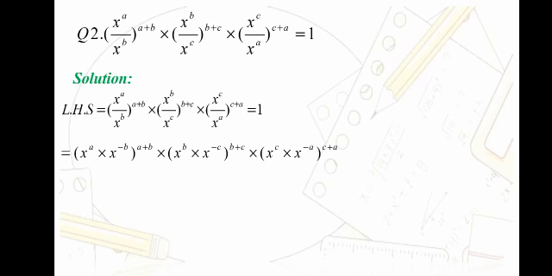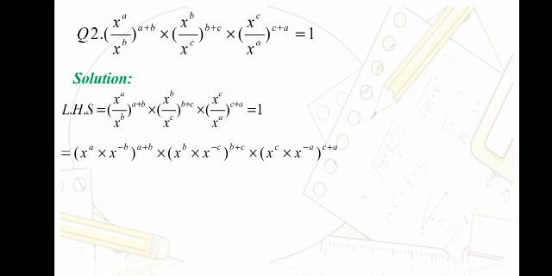So here, first of all, solving the left hand side, you can see that x raised to power a is the positive power. When the x raised to power b will move upward, it will become negative. So we will write it x raised to power a multiplied by x raised to power minus b, and whole power is a plus b.